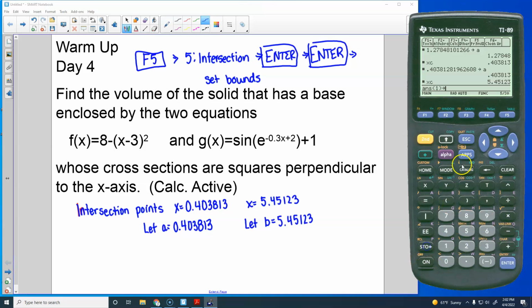And then store alpha B. And you can use whatever letter you would like. Don't use X. But any other letter is fine. Don't use Y. Do not store anything as X ever on these calculators because it will cause you great pain and anguish.